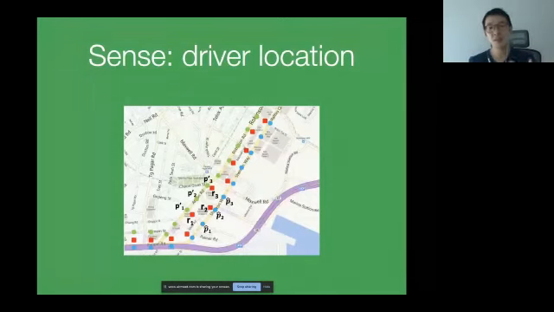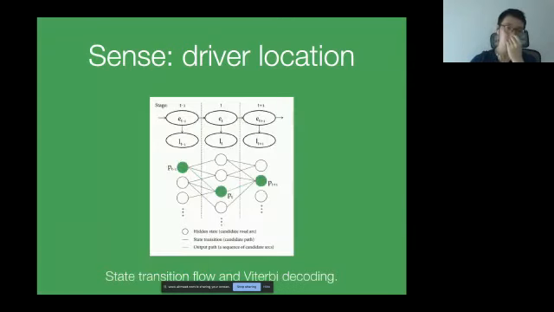Sometimes it's a very hard problem to tackle, because even if I am shown this visualization, I cannot tell where the driver actually is. This is one very extreme case, but many times from a sequence of dots, we can still use some mathematical tools to resolve that.